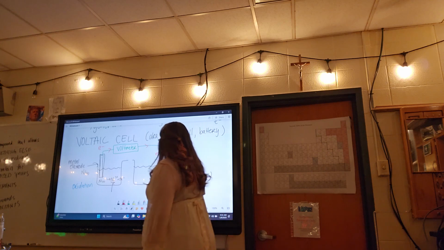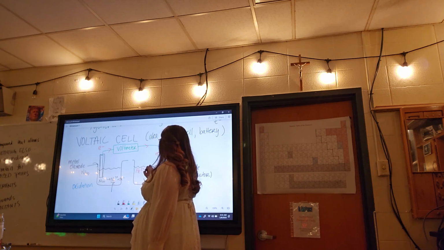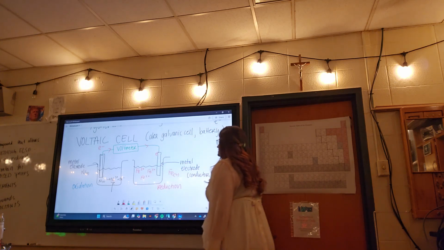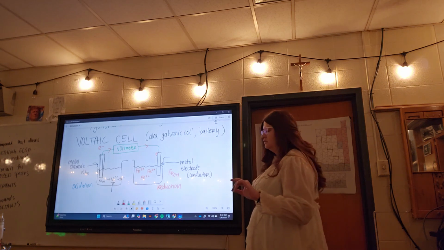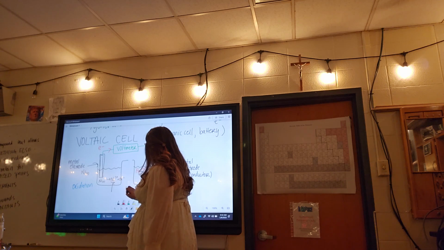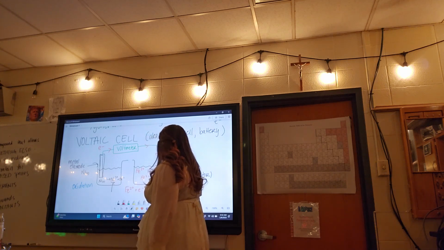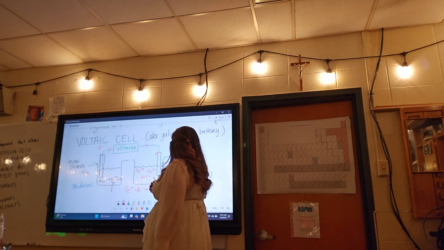Okay, so what does a reduction look like? In this solution, there will already be ions of iron floating around that are in contact with the electrode. And so these ions, when they see that electrons are present, and I wrote 2 there, you don't need to worry about that.